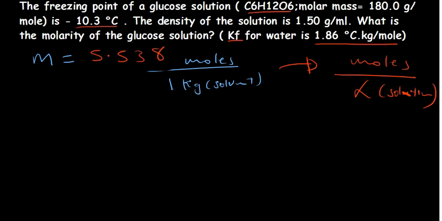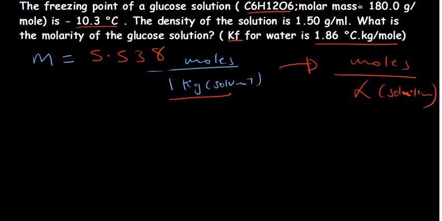Now, with our assumption that we have a kilogram of solvent, it becomes easy. So the number of moles we already have, all we need to do is just find the volume of the solution. Now the density has been given. So let's find the total mass to be able to find the volume.